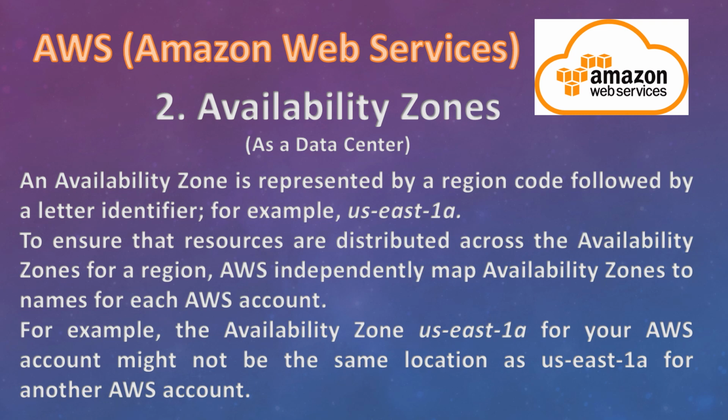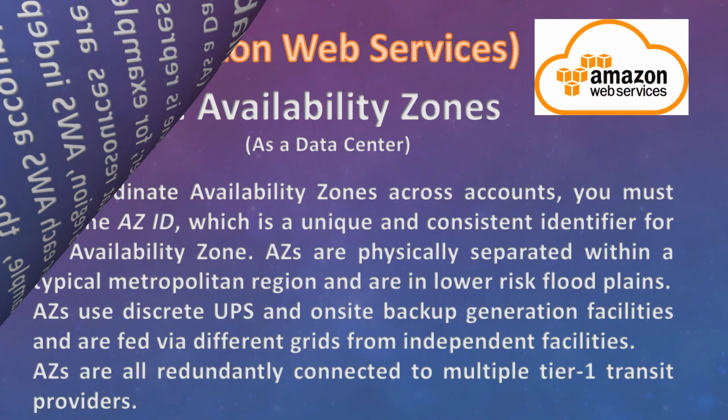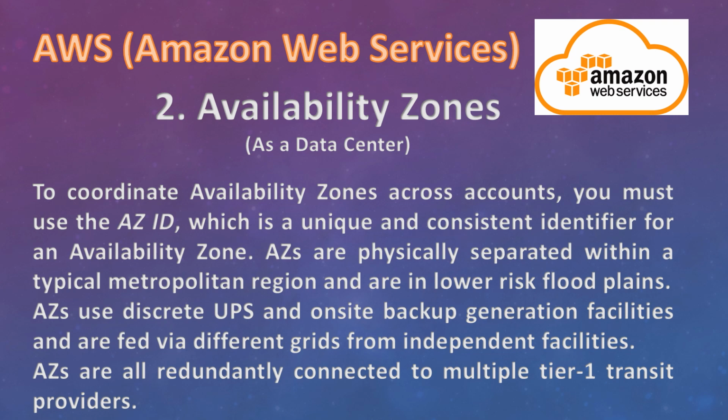The availability zone US East 1A for your AWS account might not be the same location as US East 1A for another AWS account. To coordinate availability zones across accounts, you must use the AZ ID, which is a unique and consistent identifier for an availability zone.